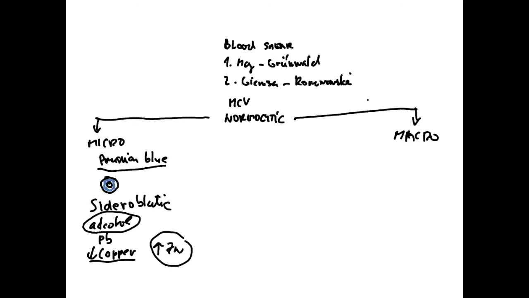In case of normocytic, you already remember schistocytes. Schistocytes mean fragmented erythrocytes, mechanically fragmented. So typically they look like this. They're destroyed. Let's say this is a normal erythrocyte, normocytic.